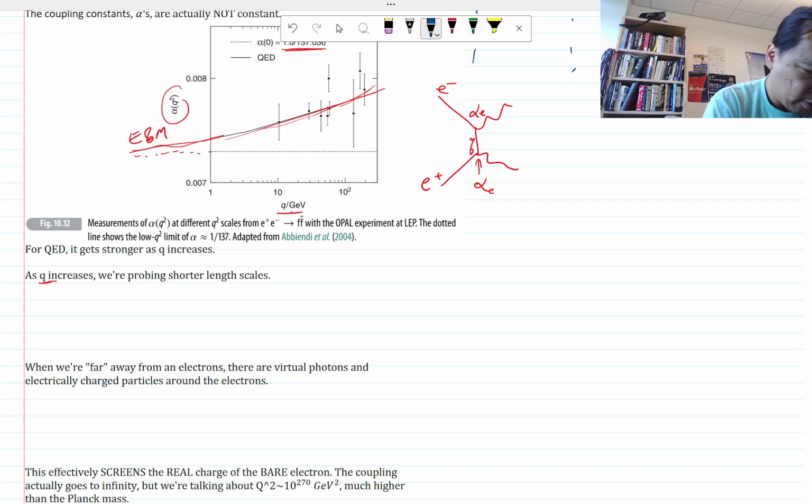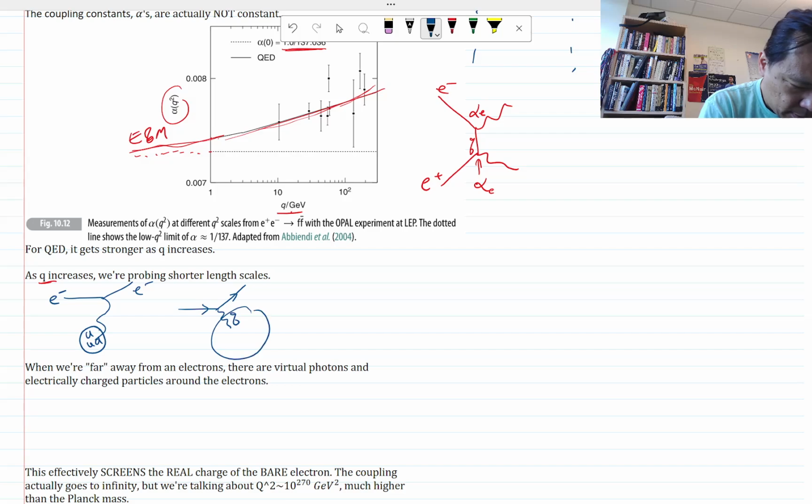I can draw this: you have an electron coming in, and then a proton, which is a composite particle. At very long wavelength, you're probing the entire proton. But as you increase the energy of this Q between them, you go to shorter and shorter wavelengths, and you're actually probing inside the proton to the individual quarks instead.